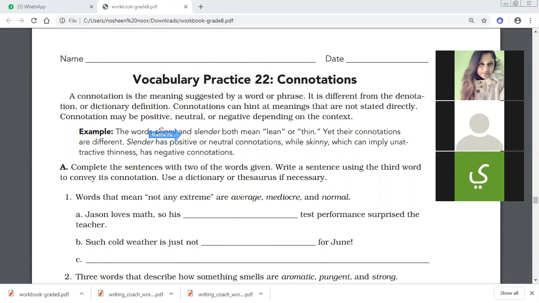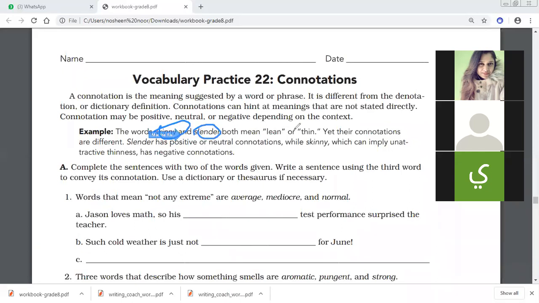We have here the word skinny and the word slender.